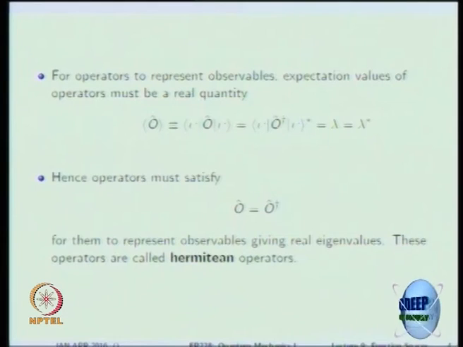So for physical observables in quantum systems, the real eigenvalues will force O equal to O dagger. This is what we call a Hermitian operator.